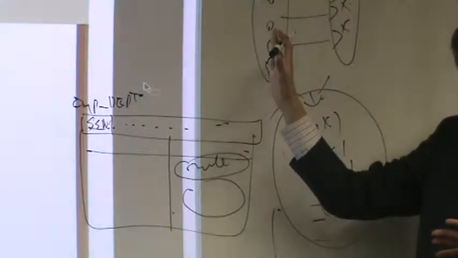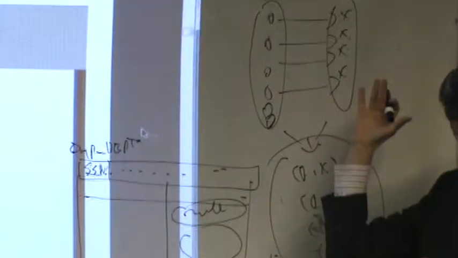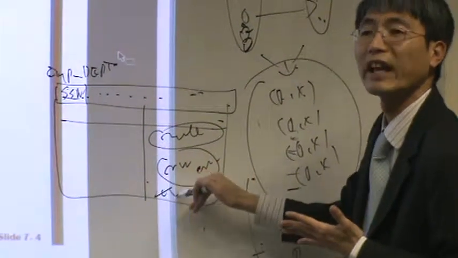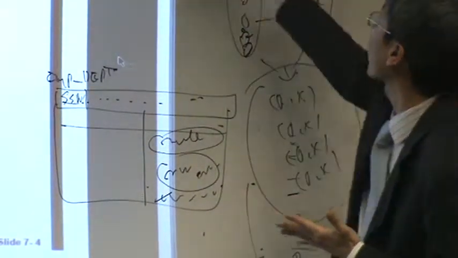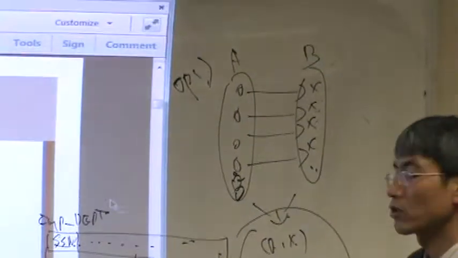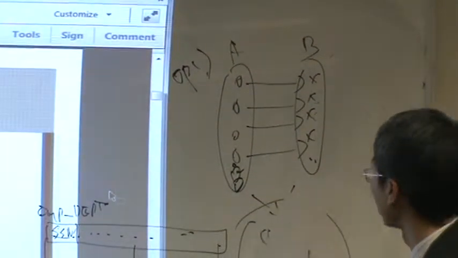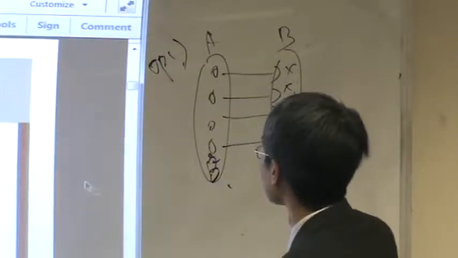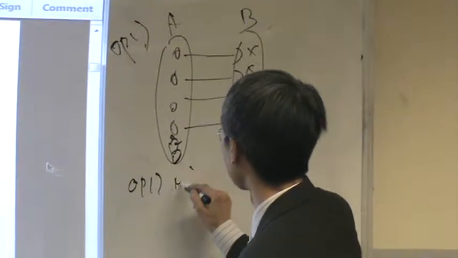As long as it's one-to-one, it's okay. So in case there is no matched one like this, you can put null data, all null data. Okay, that is the first option. So we can merge into one. So option 1, merge.